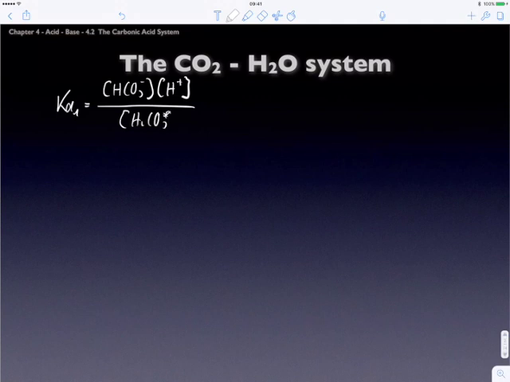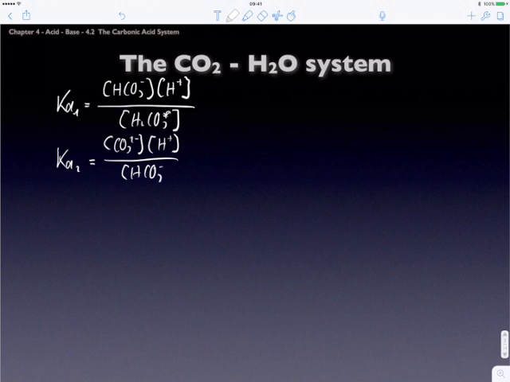Ka1 is the concentration of bicarbonate times the concentration of H+ divided by the concentration of carbonic acid H2CO3, and you have Ka2 equal the concentration of carbonate times the concentration of H+ divided by HCO3-, the bicarbonate.